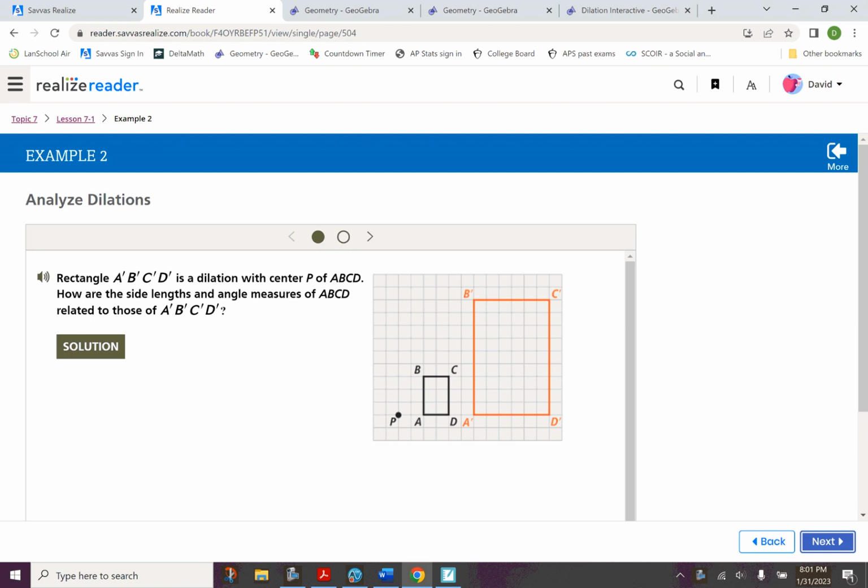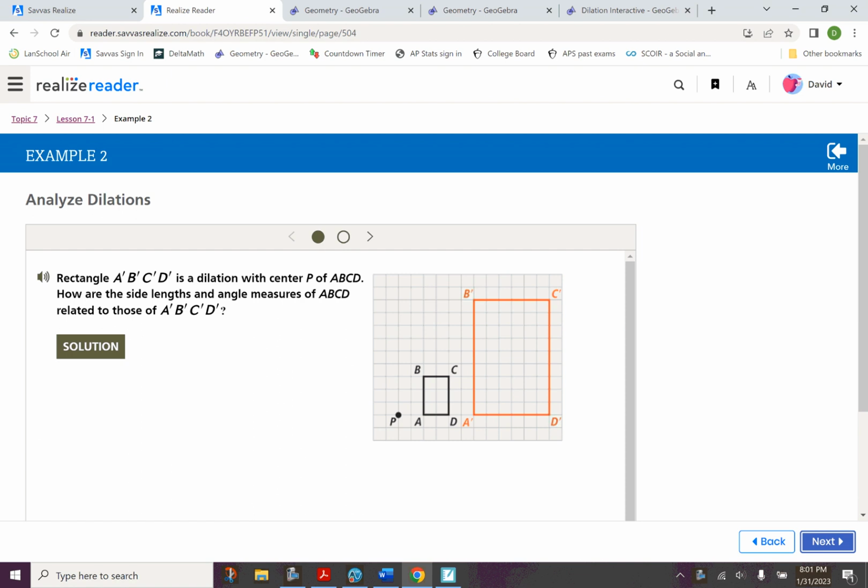Now again, a lot of this, they'll do it for you. Hey, what's going on here? Pay attention to the notation here. You're told rectangle A prime, B prime, C prime, D prime is a dilation with center P of ABCD. Now again, if there's similar figures, that implies ABCD is also a rectangle.